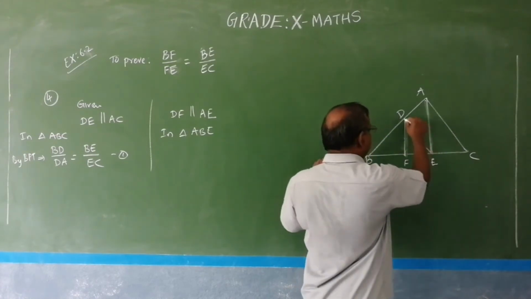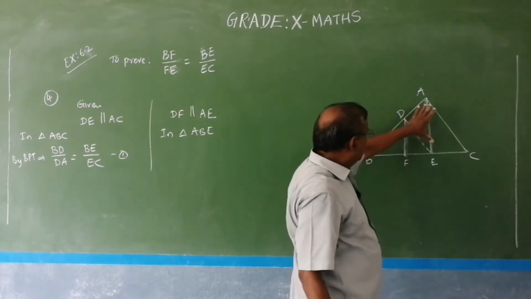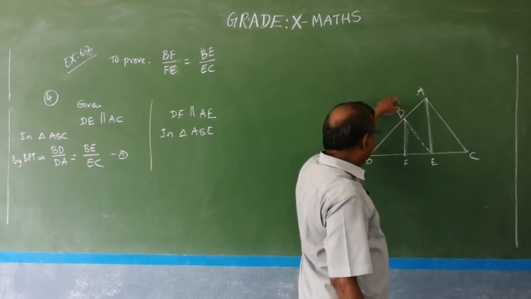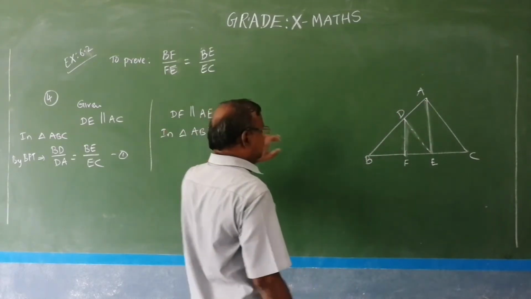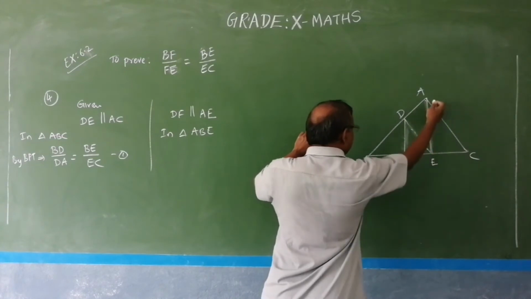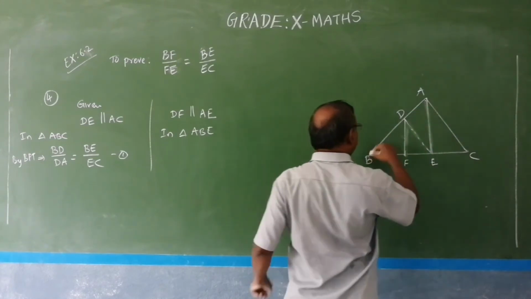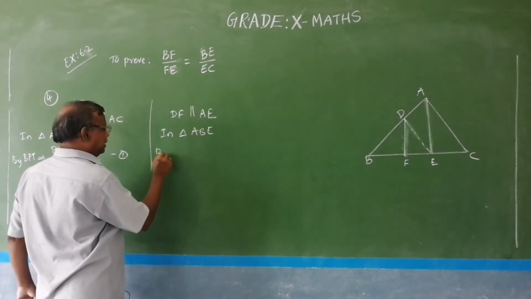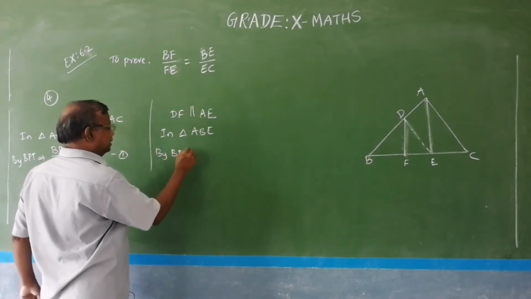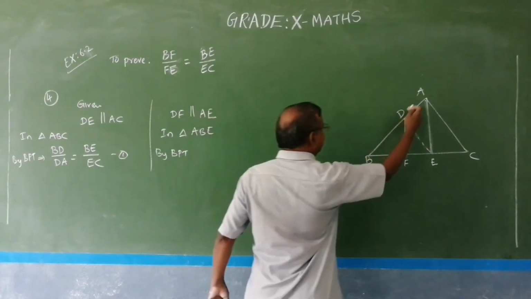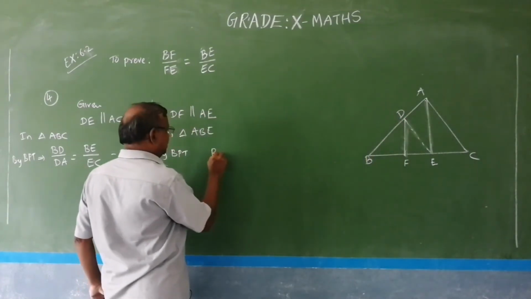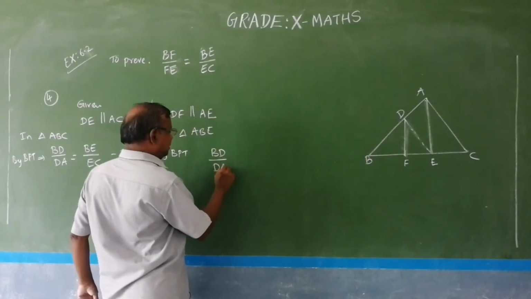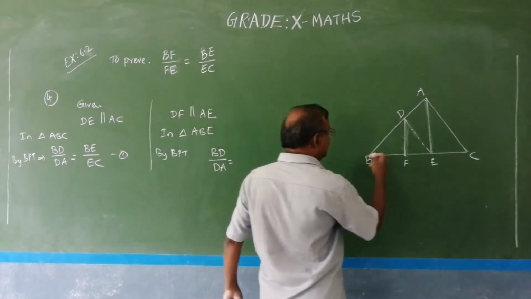So this may be like this, and consider the triangle ABE in which DF parallel to AE. Therefore, we have by basic proportionality theorem, BD by DA equal to BF by FE.